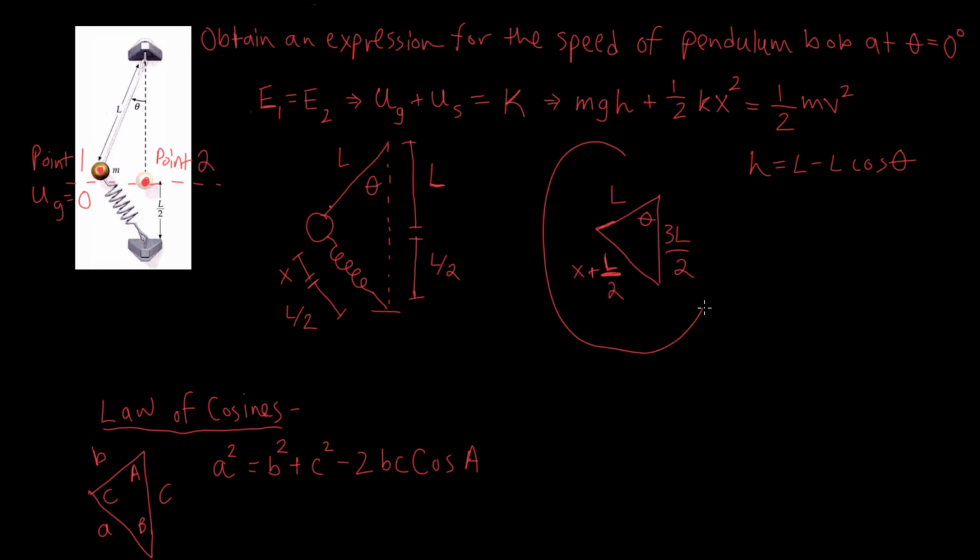Now let's apply the law of cosines to this earlier triangle that we drew. Because now we have these two triangles that we drew, we can apply the law of cosines to the triangle in order to solve for the variable x in terms of our other given variables. So which side does this side correspond to?